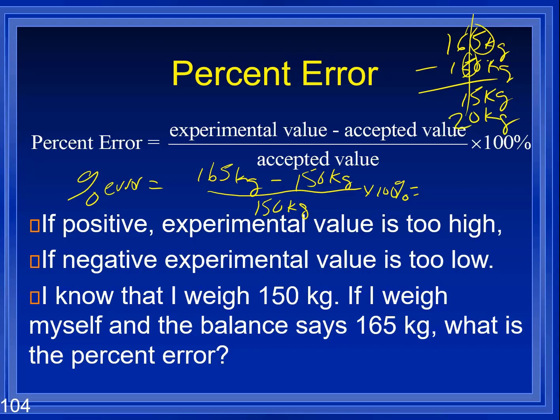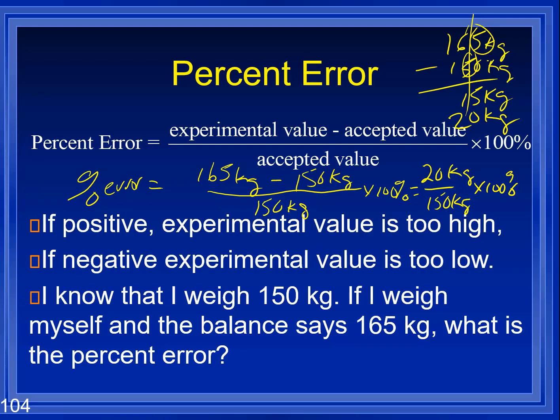Everybody okay with me so far? So now I have 20 kilograms divided by the 150 kilograms times 100%. So 20 divided by 150 equals, times 100. Okay, the 20 has how many sig figs? 1.